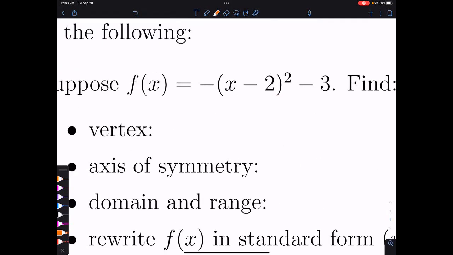It's a parabola, and it's upside down. It's upside down because that negative out in front reflects over the x-axis. Shifted to the right 2 and shifted down 3. So if you start with x squared, vertex at the origin, you go right 2, upside down, down 3. Figure out where all this stuff ends up.